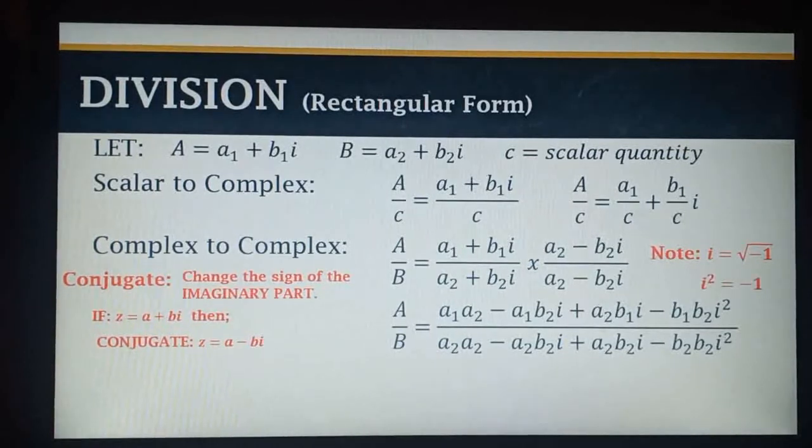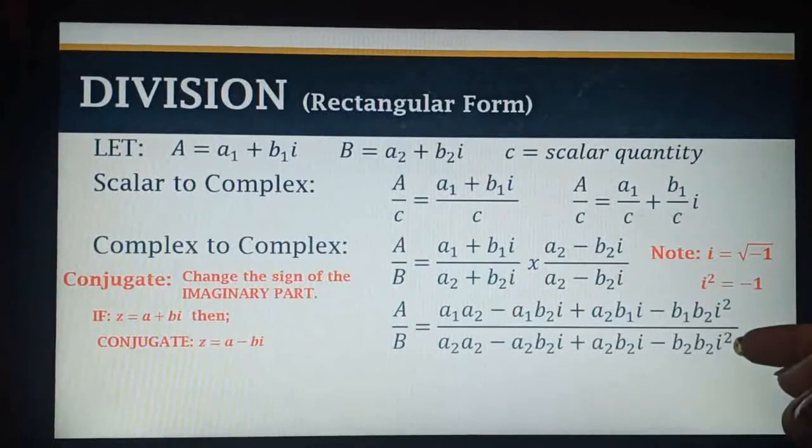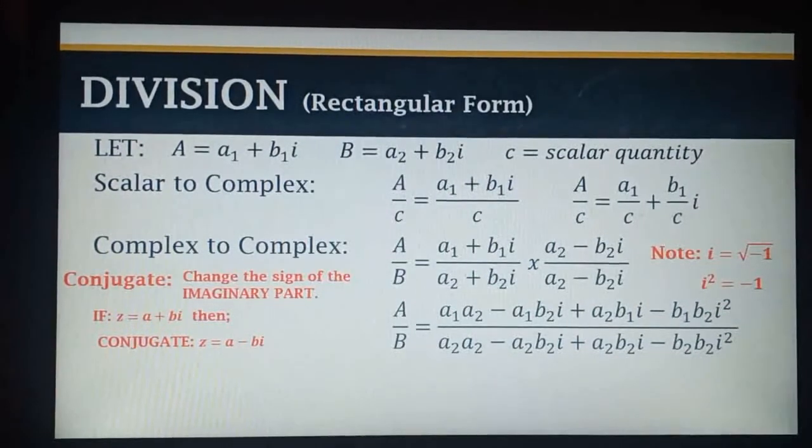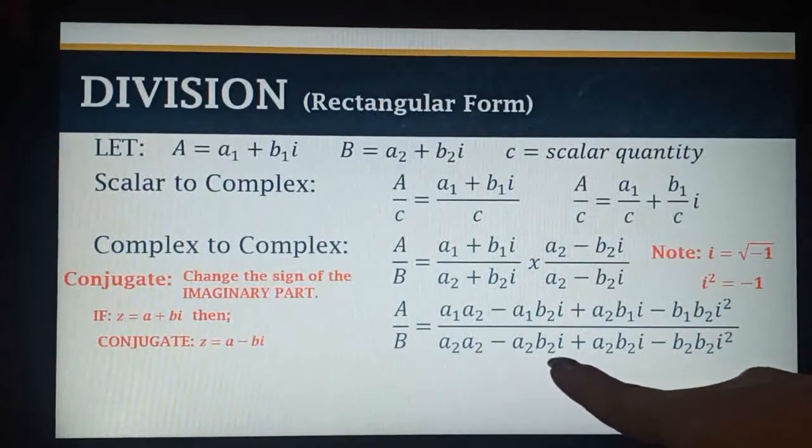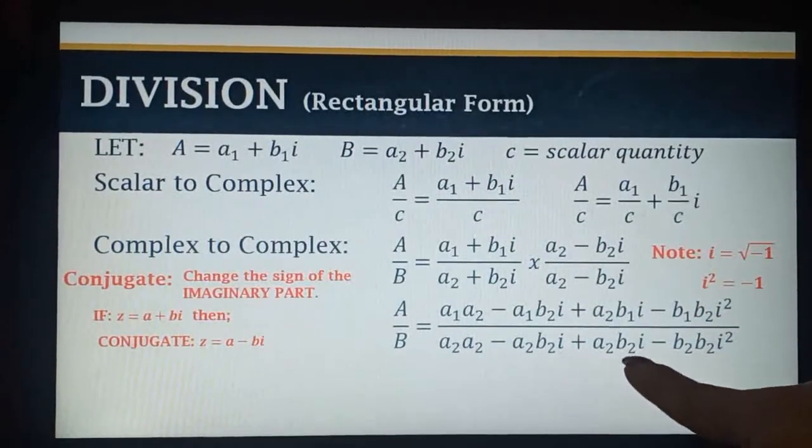Therefore, I squared is negative 1. Papalitan natin tong last term, yung I squared ng negative 1, so magiging positive yung terms ni B1, B2 for the numerator, then B2, B2 for the denominator. Then you will notice, dun sa denominator, this is negative A2B2I and positive A2B2I.